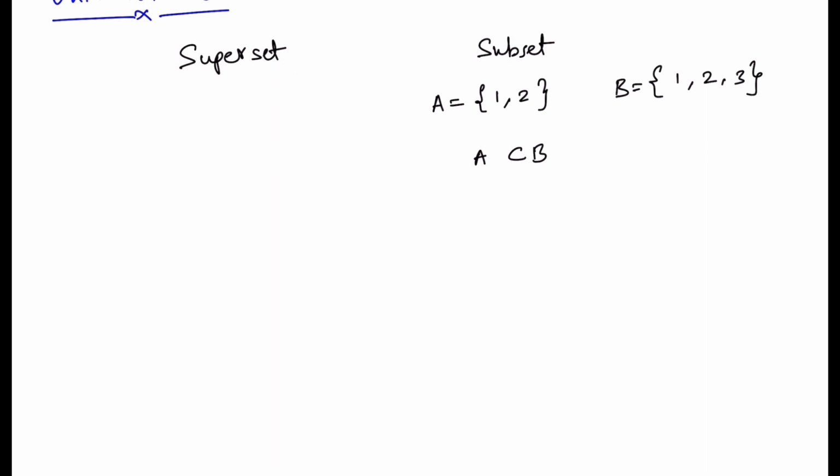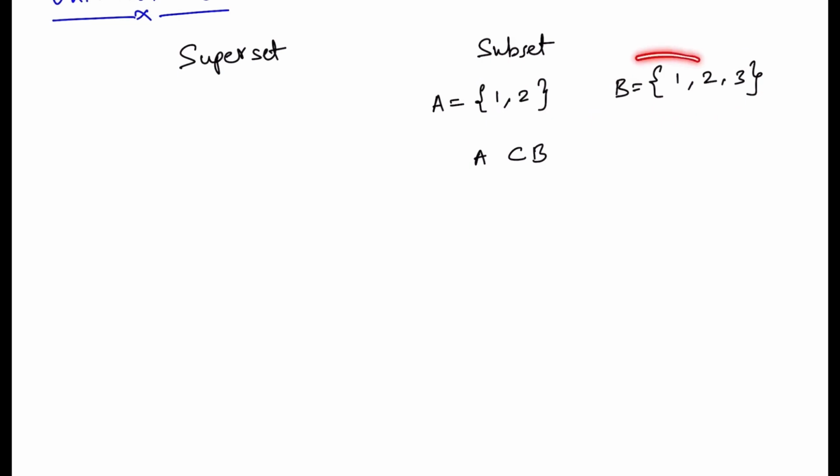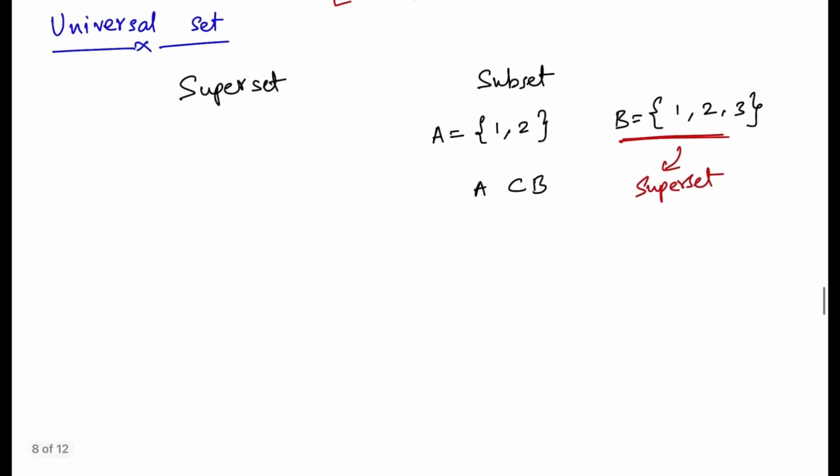So B is a set such that A is a subset of B. In this case B is the superset. Let me write here that this B is actually the superset.